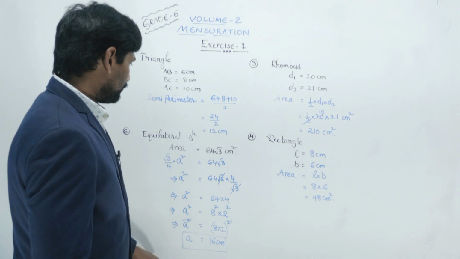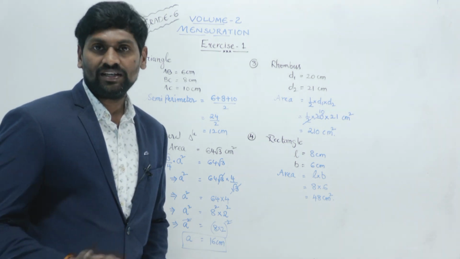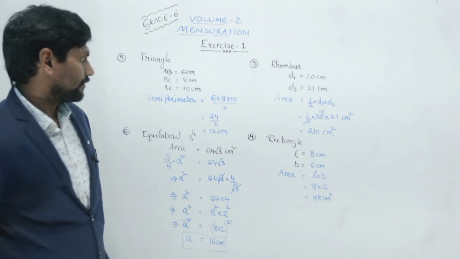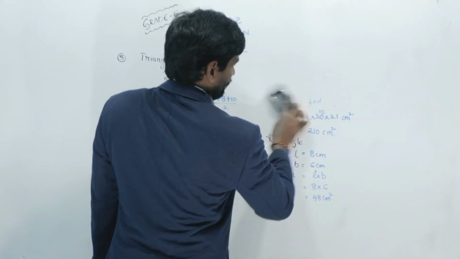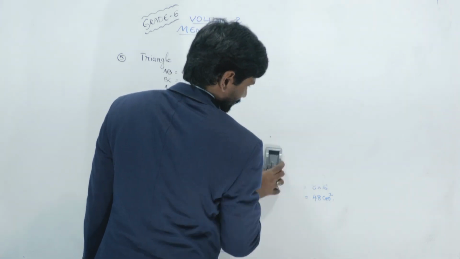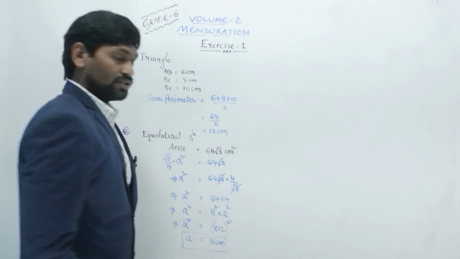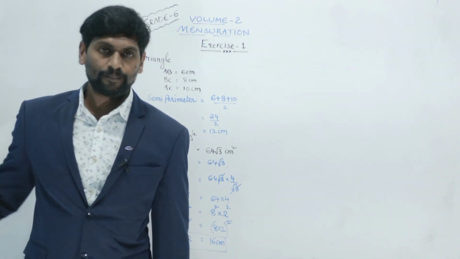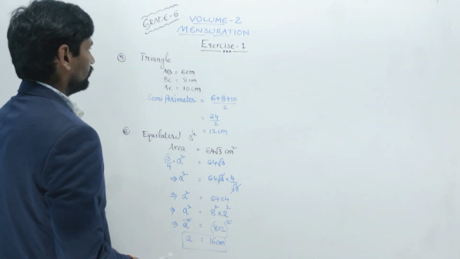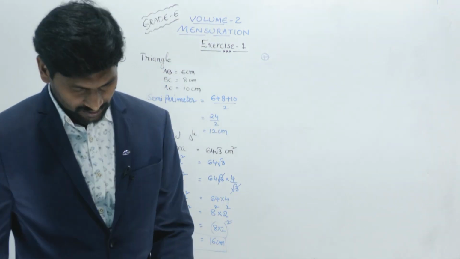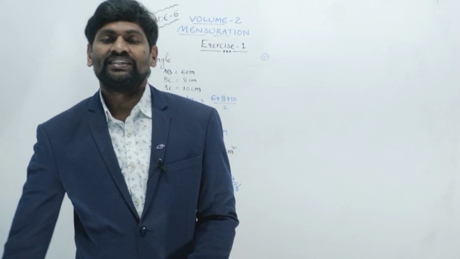Now please look into it. Let us go to the next problem, problem number 7. Problem number 7 is to find the perimeter of an equilateral triangle whose area is 64 root 3.